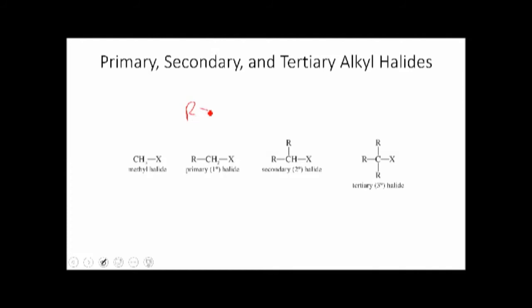So basically you have something like that, right? And my X, now X is basically any halogen atom, so this will be chloro, for example. R is basically substituents.